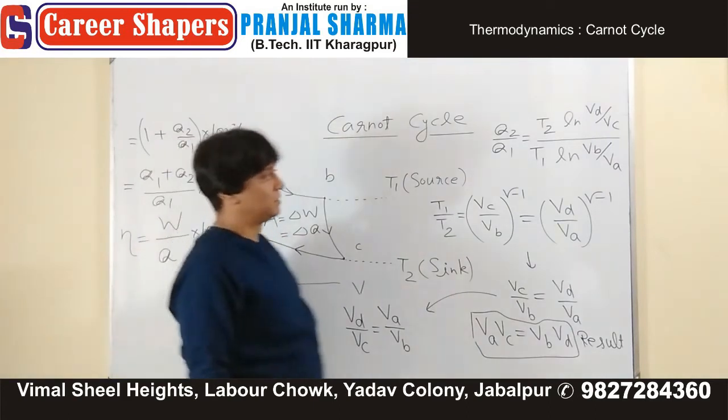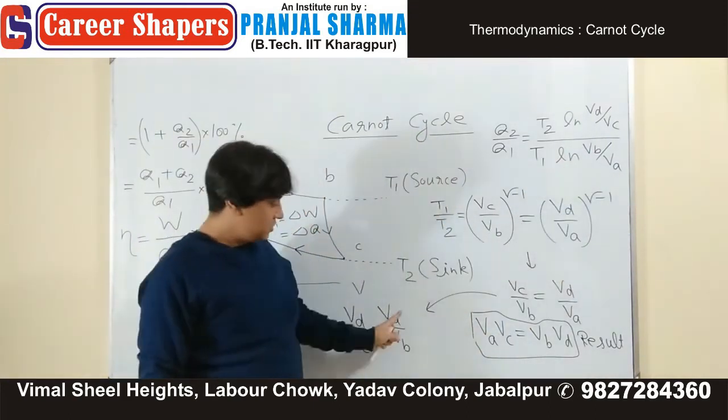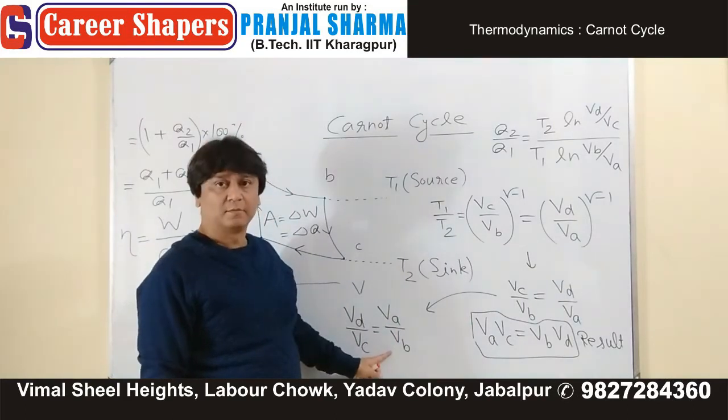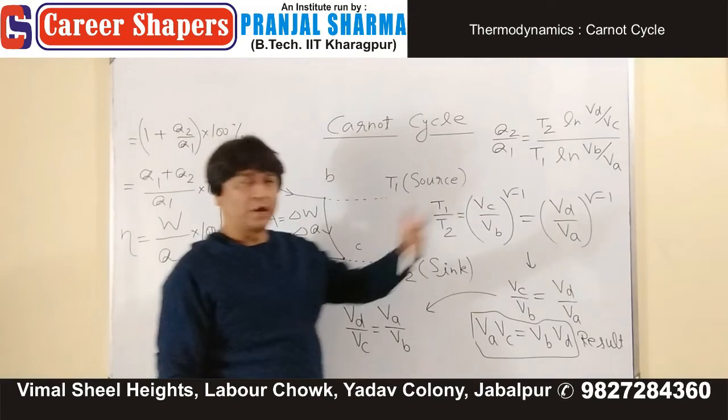Now, this is VB upon VA. This is VA upon VB. So you can do what? Or you can do what?